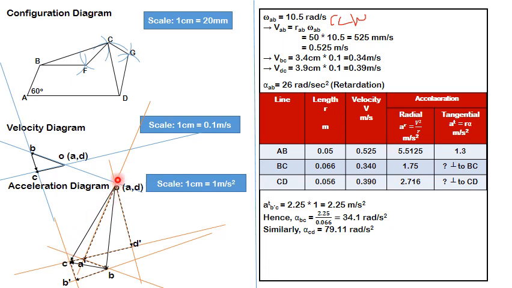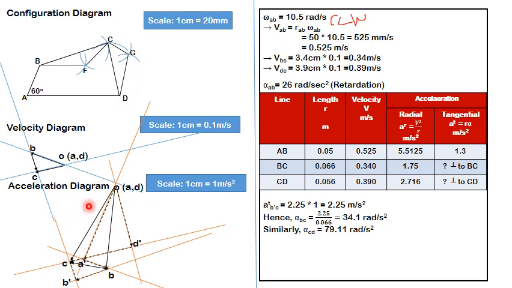So the simplest way is to measure the length of CD and measure the length of this one CD, divide this length by this length, multiply it by CG length and DG length. You will get the values for this acceleration diagram.